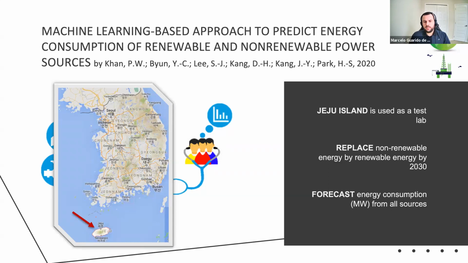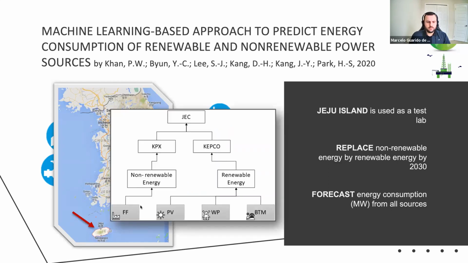So they use different sources of electricity in South Korea, and they have the regulator there and different companies that provided electricity resources from fossil fuels, and also they have the renewable ones like the photovoltaic, that's solar energy, the wind power, and the BTM.